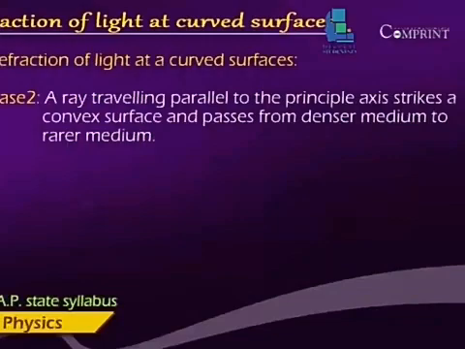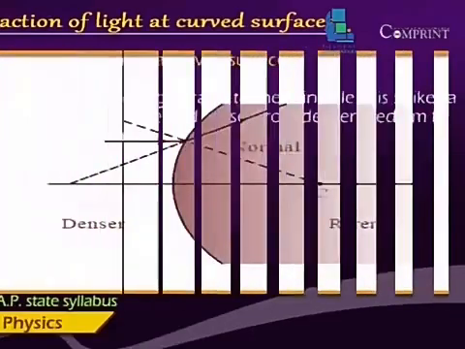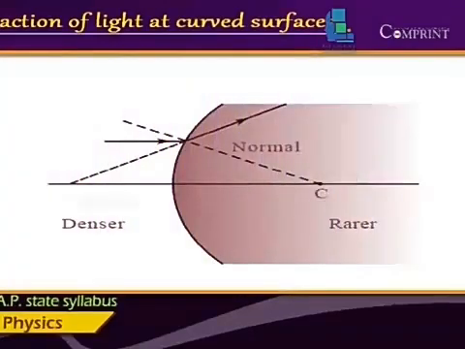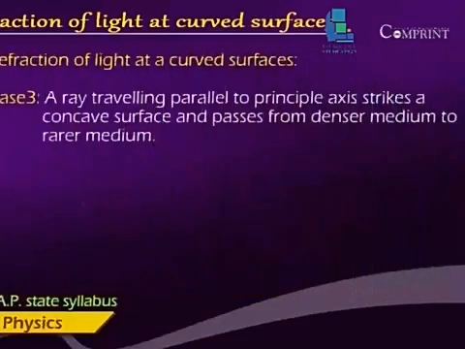Case 2. A ray traveling parallel to the principal axis strikes a convex surface and passes from a denser medium to a rarer medium. Case 3.